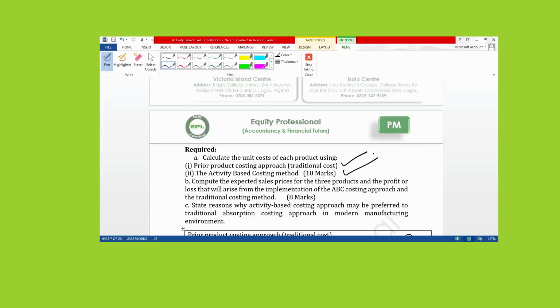Requirement B: calculate expected sales prices for the 3 products and the profit or loss that will arise from the implementation of activity-based costing and the traditional.